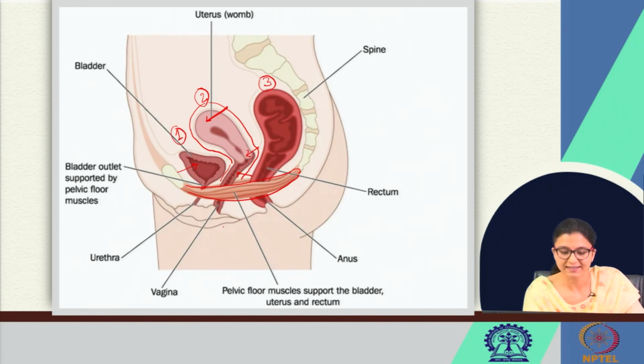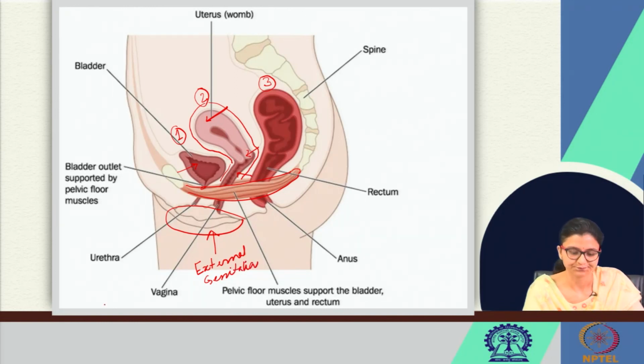And the female external genitalia is this. This is also known as vulva or pudendum.